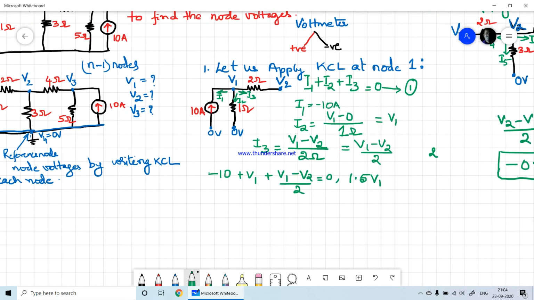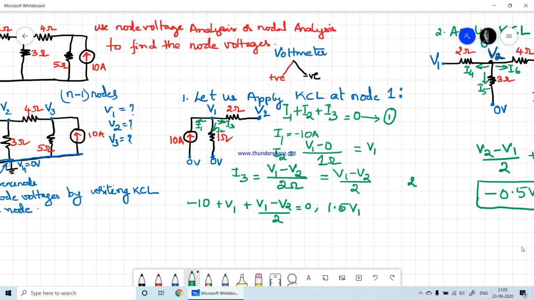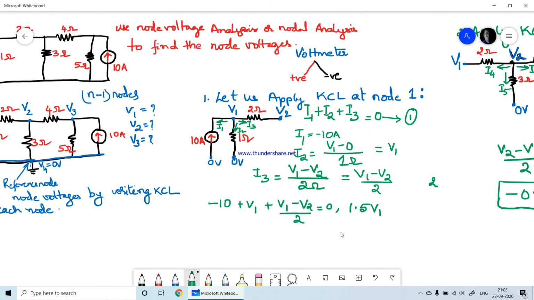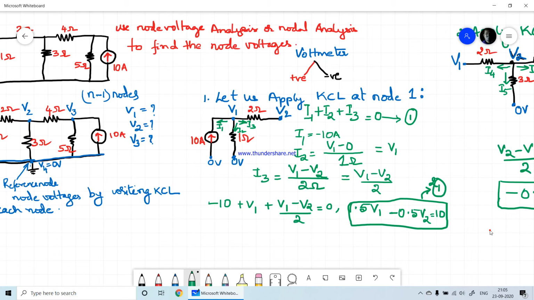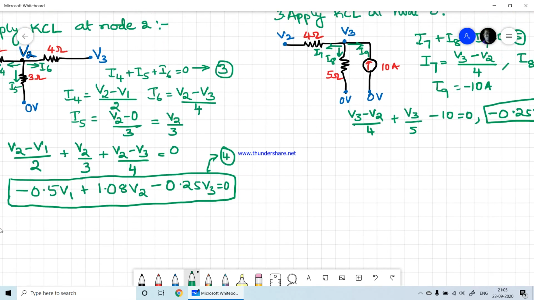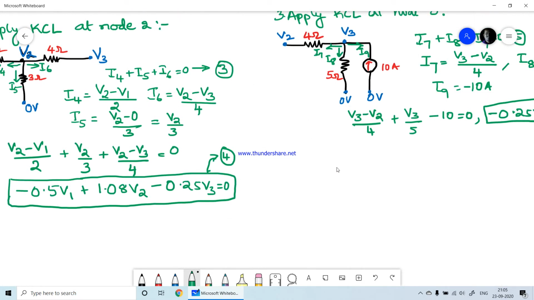So the first equation which I have got here is 1.5 V1 minus 0.5 V2 equals 10.